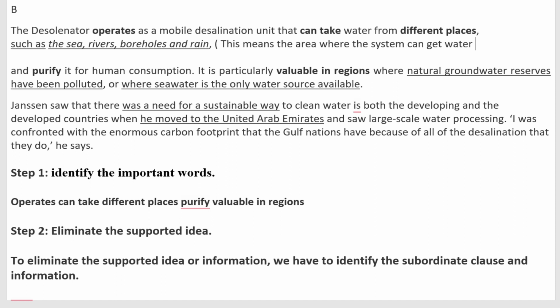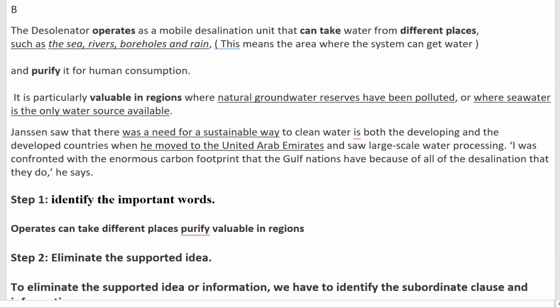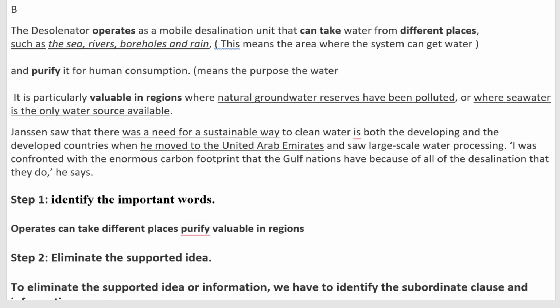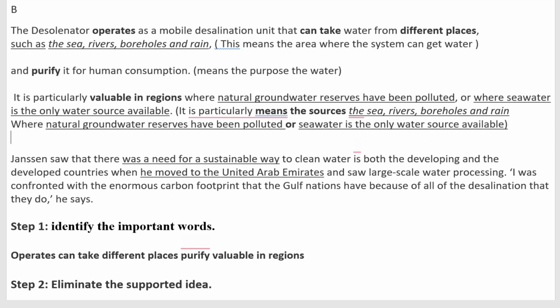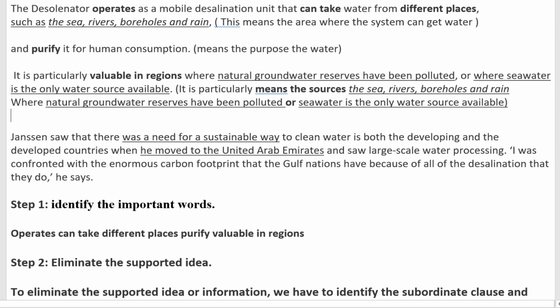This means the area where the system can get water. Means the purpose of the water. It is particularly, means the sources: the sea, rivers, boreholes and rain.